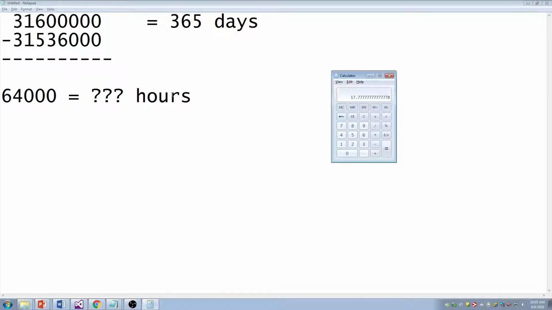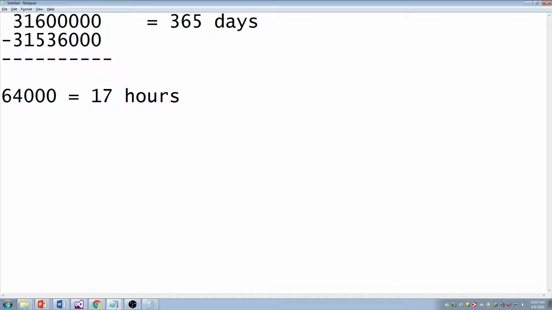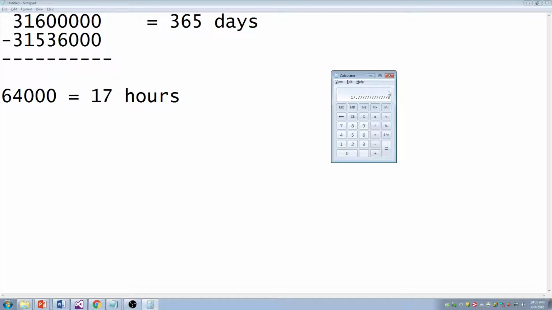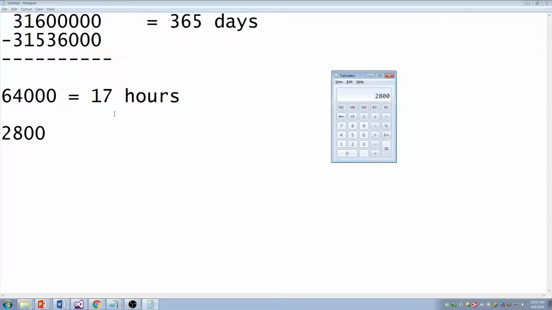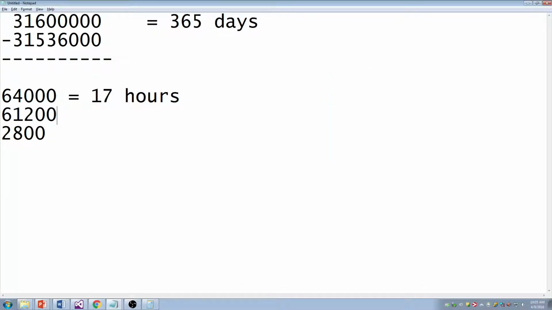64,000 divided by 3,600 is equal to 17 hours with a 0.777 remainder. What is the remainder of 64,000? Then we do this operation here.